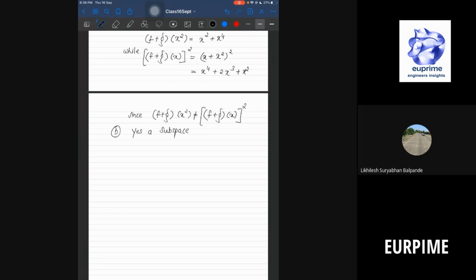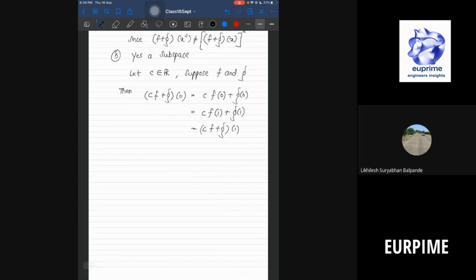Here let C be an element in R. Suppose F and G satisfy the property, then C times F plus G of 0 is equal to C times F of 0 plus G of 0, which is equal to C times F of 1 plus G of 1, which is equal to C times F plus G of 1. So this set of functions constitutes a subspace.